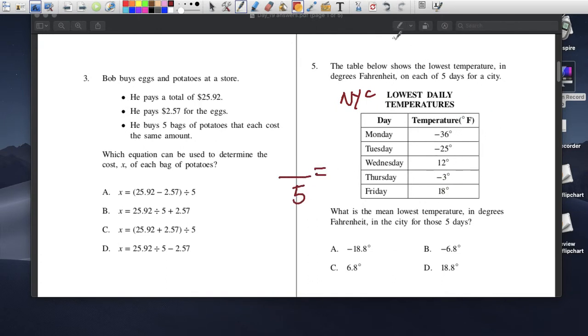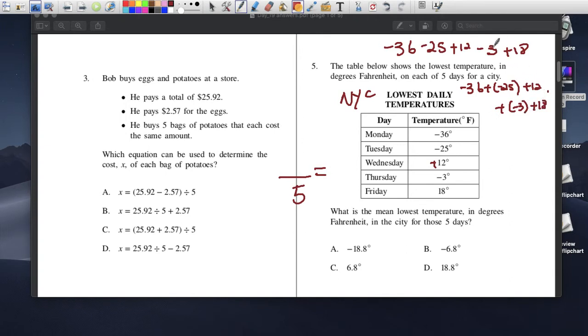Just make sure that in your calculator you enter this. You can either enter it this way: minus 36, minus 25, plus 12, there's a plus here, minus 3, and plus 18. That's how I would enter it in my calculator. Or you could enter it like this: plus negative 25, plus 12, plus negative 3, and plus 18.